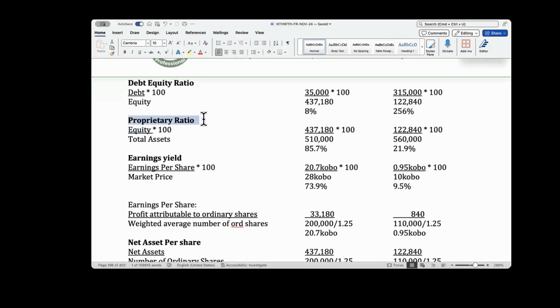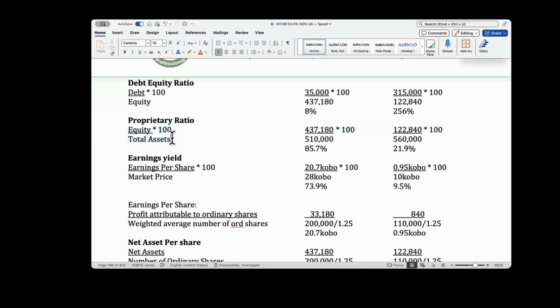Proprietary ratio. Okay, a lot of the candidates who wrote this diet haven't seen this ratio before. Even me myself, I didn't really teach anybody proprietary ratio, but it doesn't mean that you should not know it. Even from the name, proprietary, proprietor is the owner of the company. So when somebody is asking what's proprietary ratio, you just want to know what's the holding of the owners in this company, what's their percentage holding, which is equity over total assets.